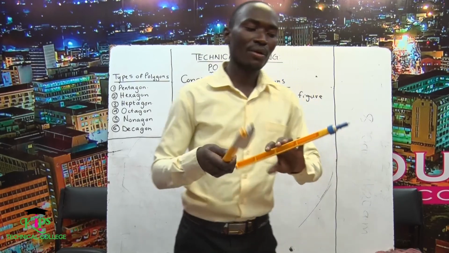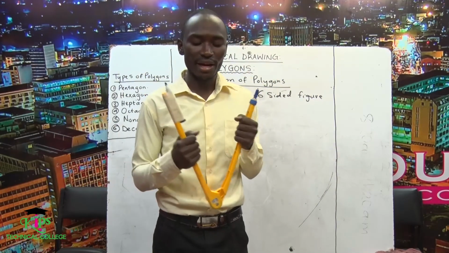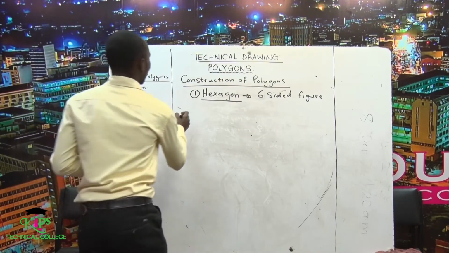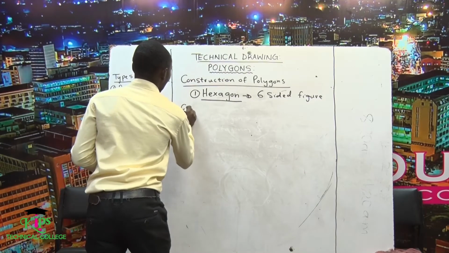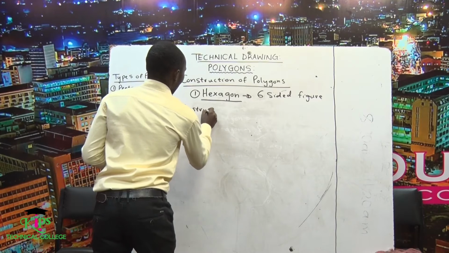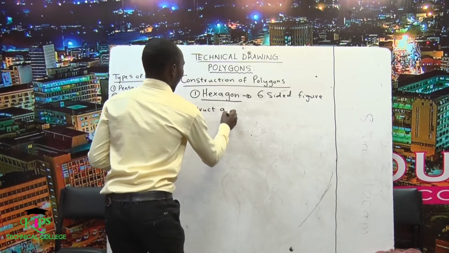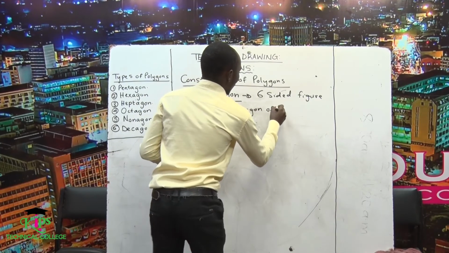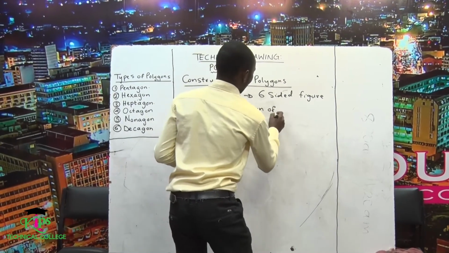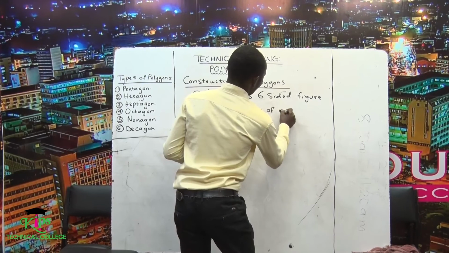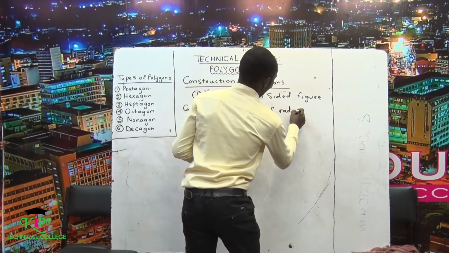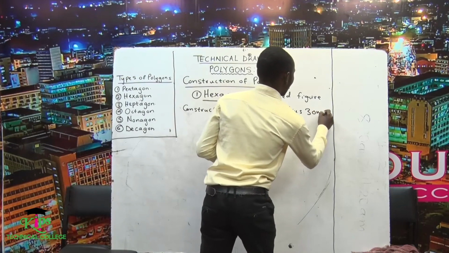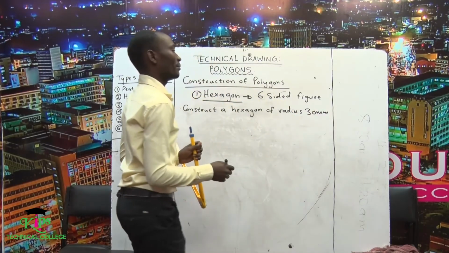So first of all, let's say I've been told to construct a hexagon of radius 30 millimeters.